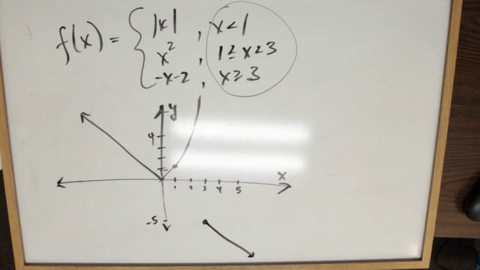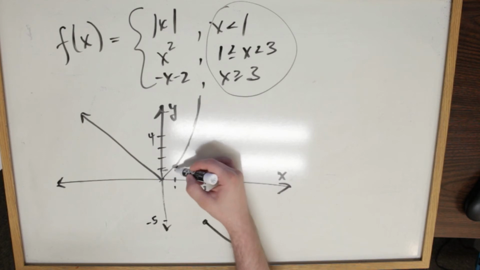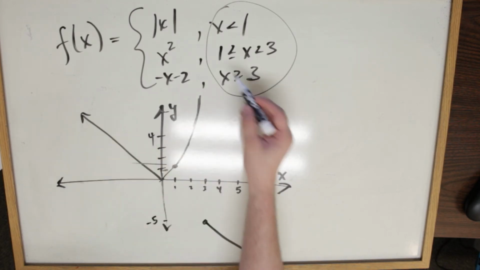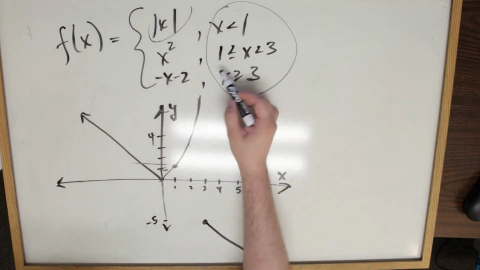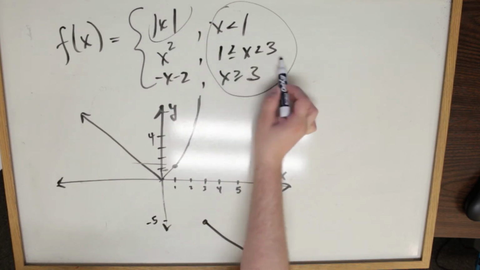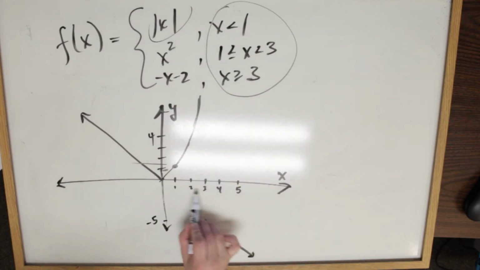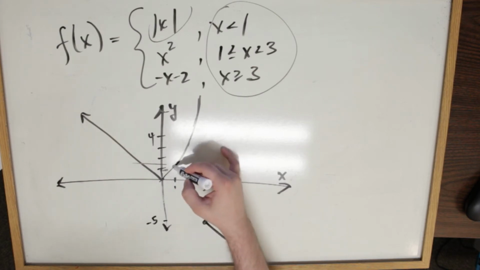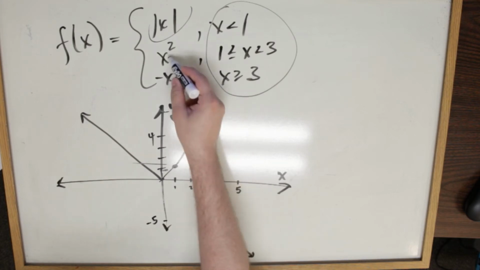If you were to graph it out, it's kind of crazy when you look at it like that. So again, think about what this is saying. For every x value less than 1, it's going to be everything over here. We're using this function. For every x value between 1 and 3, just within this tiny little range, or domain I should say, the graph is going to be a parabola following x squared.